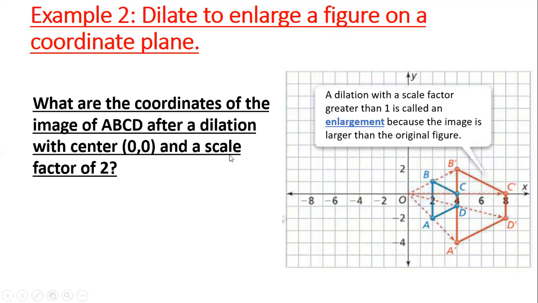Clear? Yes. So once the scale factor is greater than 1, like 2, 3, 4, 4.5, 5.5, any scale factor greater than 1 is going to be an enlargement.